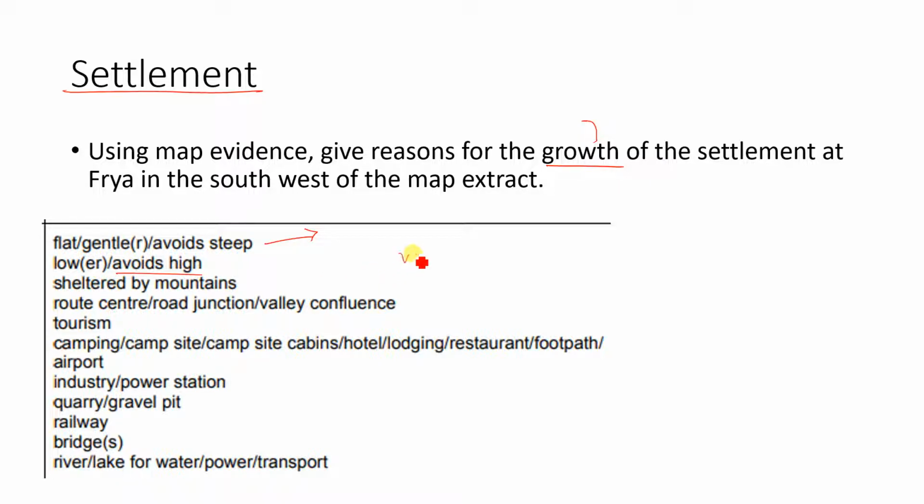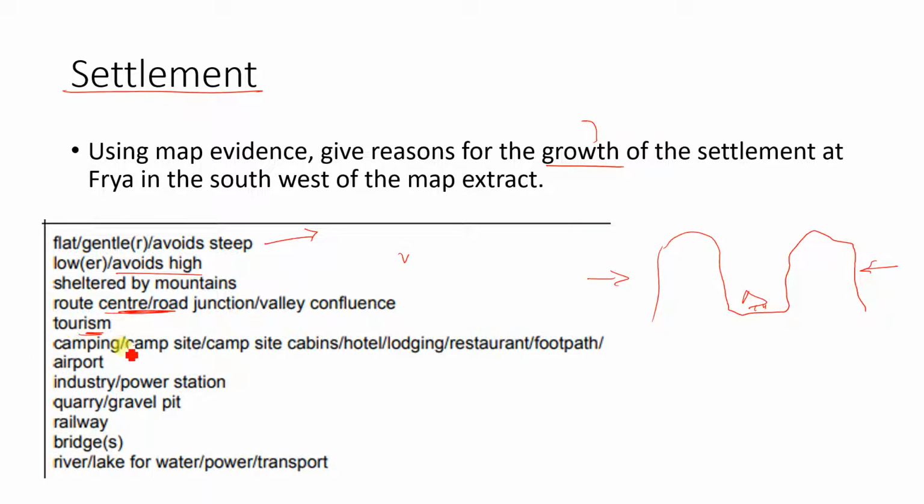Now, if it is built on a valley, it can get sheltered by mountains, at least sheltered from the sun and also from wind. So it's like you have a valley here, valley floor, and two mountains. So if you have your building here, you'll be sheltered from the sun and also from wind. Now you check if there is a road there, it's good for growth.